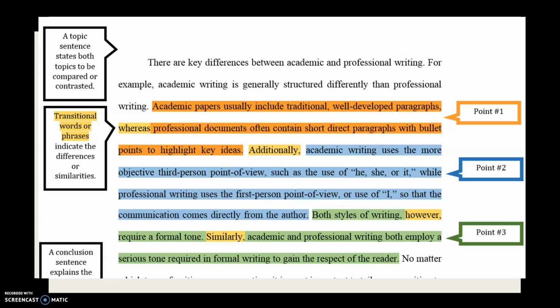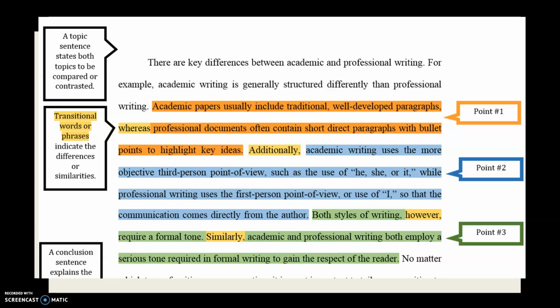Then you have point 2, where we're talking about point of view. Additionally, academic writing uses the more objective third-person point of view, such as the use of he, she, or it, while professional writing uses the first-person point of view or use of I, so that the communication comes directly from the author. So again, we're comparing academic writing and professional writing side by side in the same place.